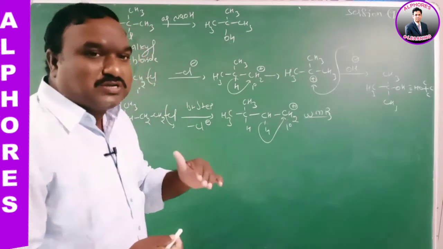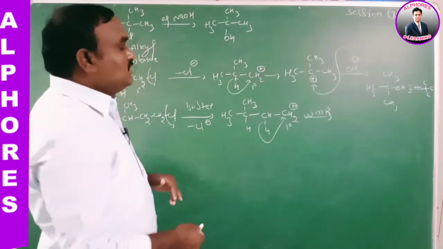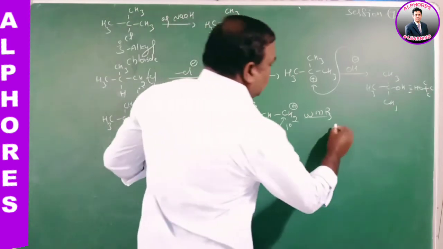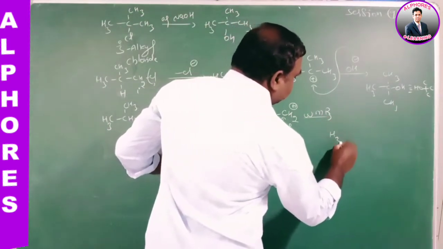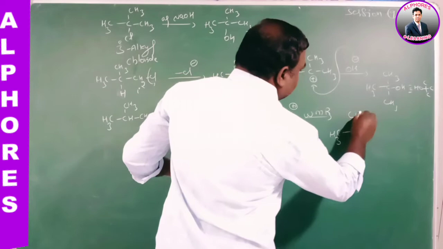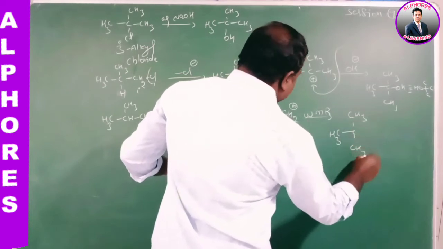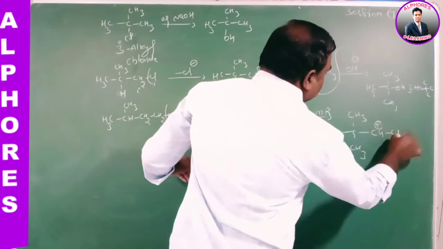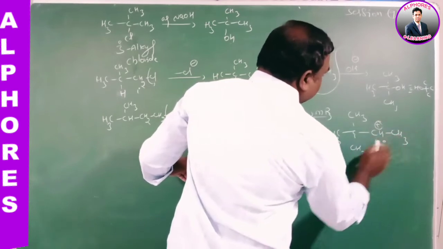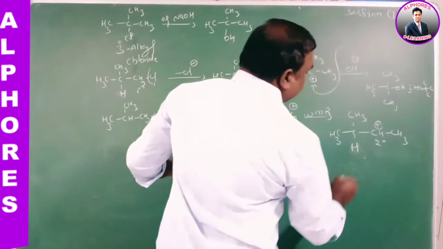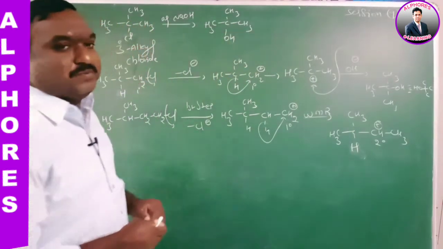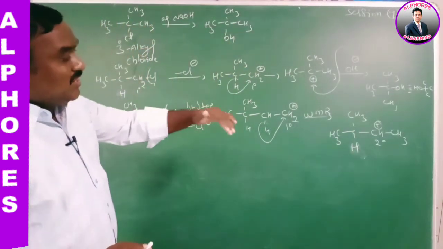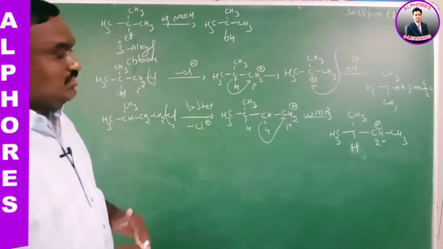So here CH3, CH3, CH3, CH plus, CH3. Again the adjacent carbon has tertiary nature.